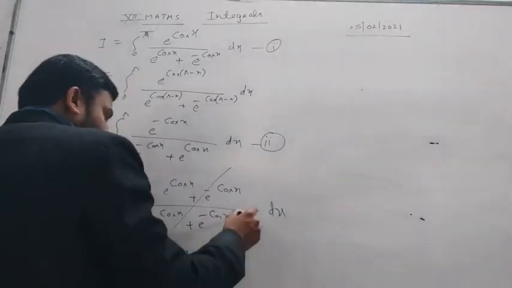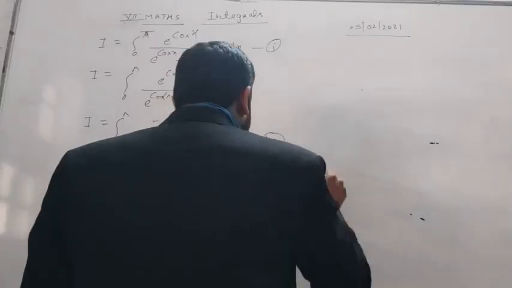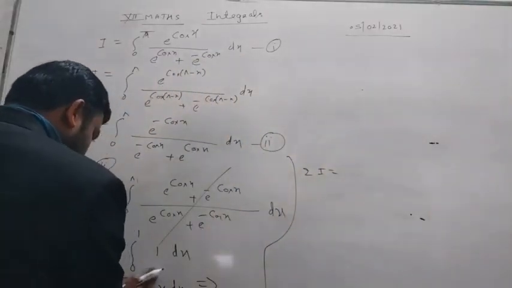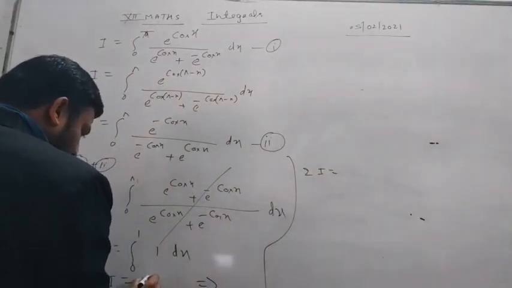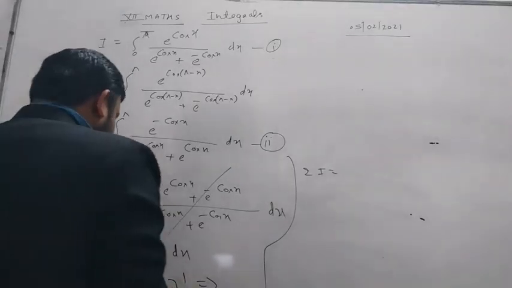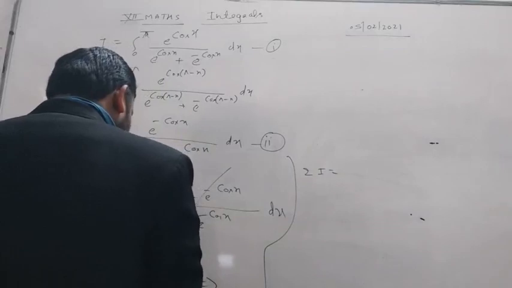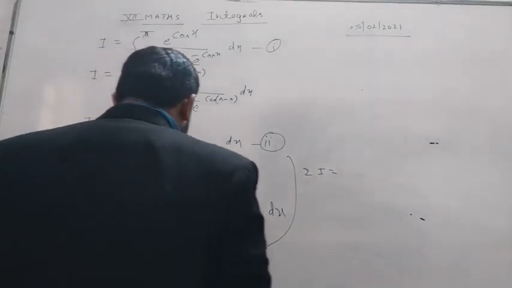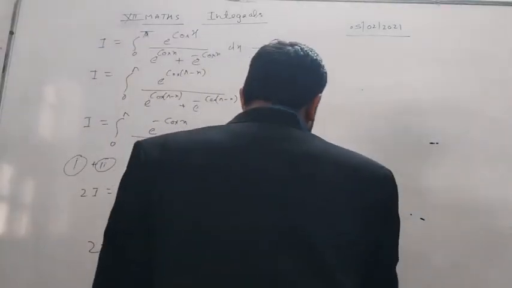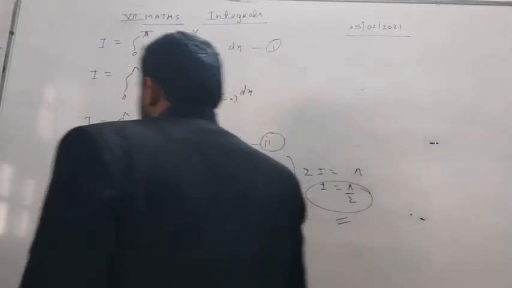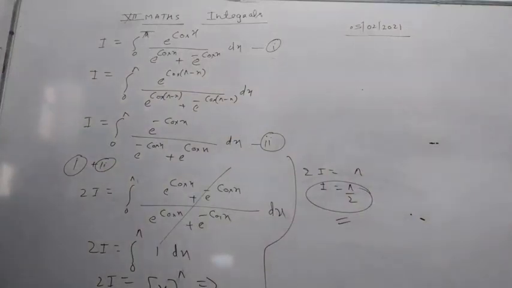Okay friends, when we write the integration of this, we get x from 0 to pi. So friends, we get 2I is equal to pi, I is equal to pi by 2. Okay friends, so this will be our required result.